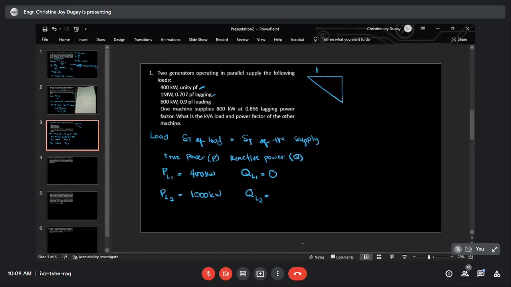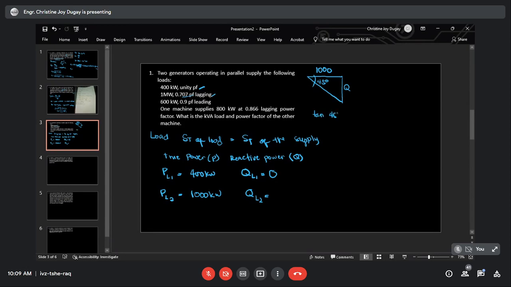Okay, so if this is 1,000, kunin ninyo yung angle natin. This is 45 yata, no? Kunin nyo ang cosine ng 45, that is 0.707 something, no? This will be 45 degrees. And then find the value of Q. You may use the tangent.